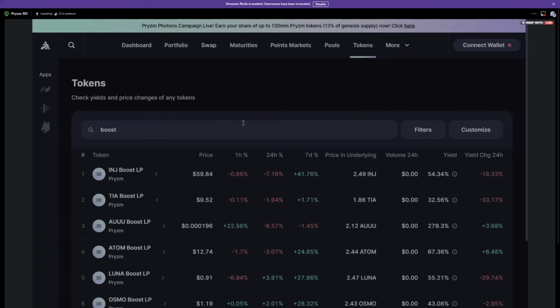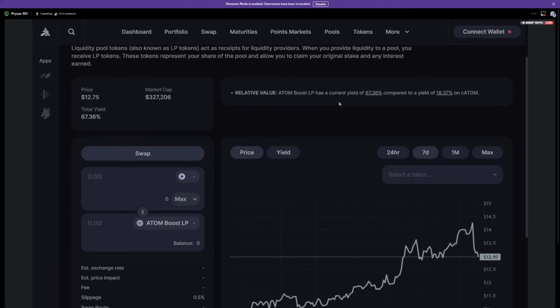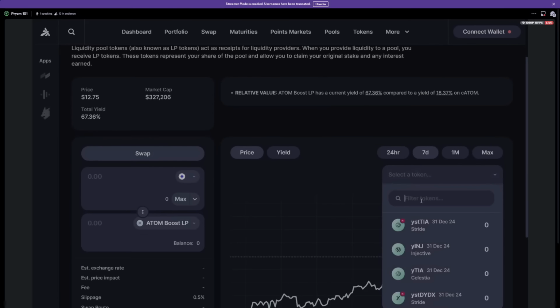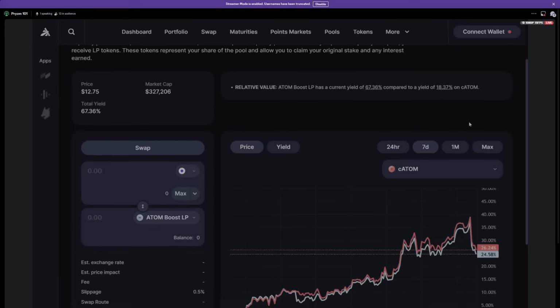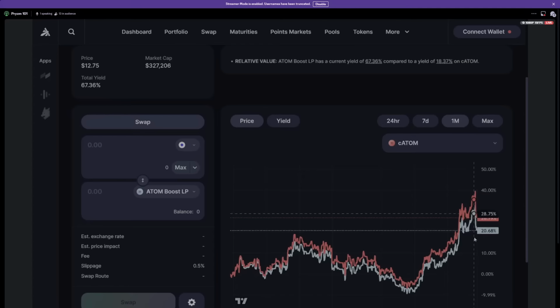So if we look at the Atom Boost LP token, one of the cool features here is you can compare the performance of the LP token to that. So you can see here, if you've been providing liquidity over the last month, then you've got 20.68% here versus 26.7% on liquid staked Atom. But you've also been receiving photons here.